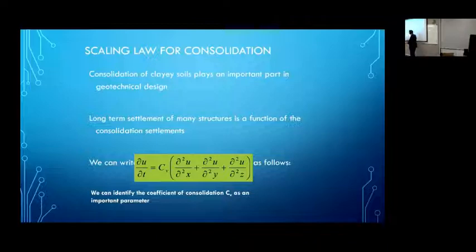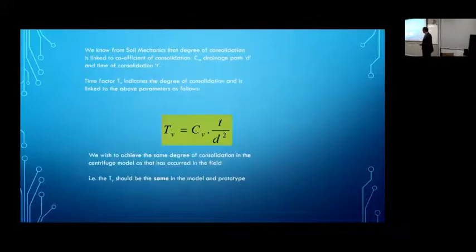We can write this in 3 dimensions as dU/dt = Cv ∇²U, where Cv is the one thing we require from the soil, the coefficient of consolidation.